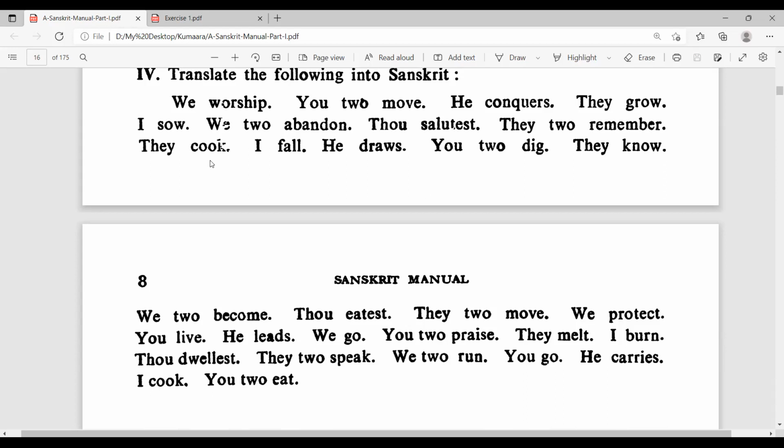They grow. Ete rohanti. Yes. I sow. Aham vapami. Yes. We too abandon. We.